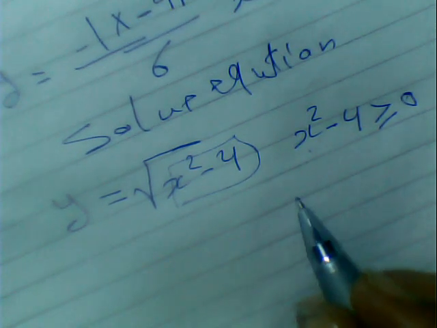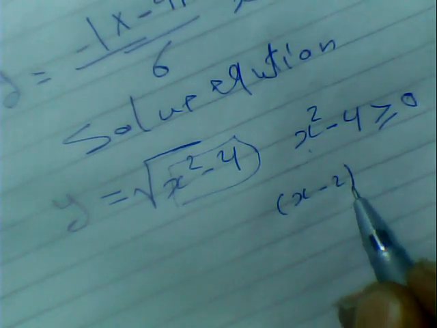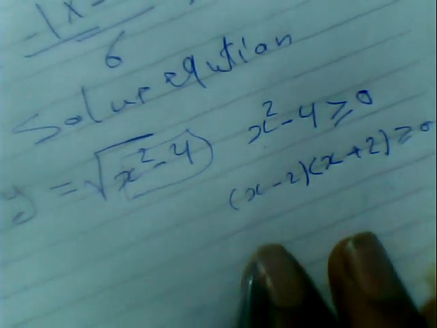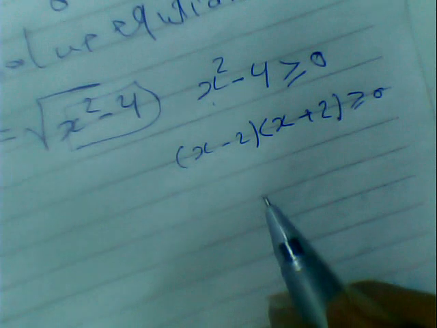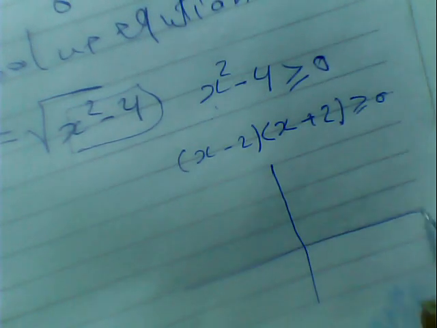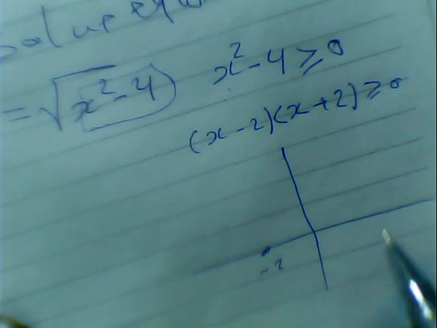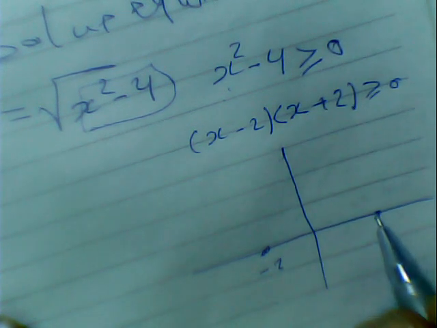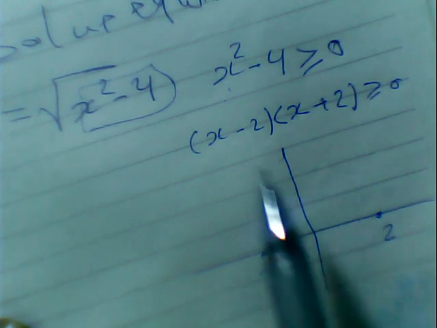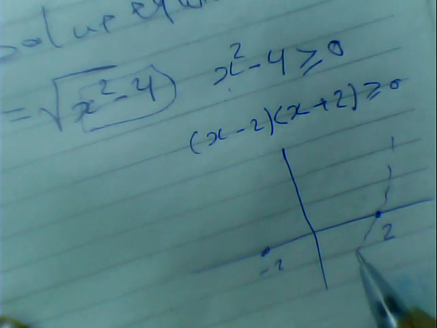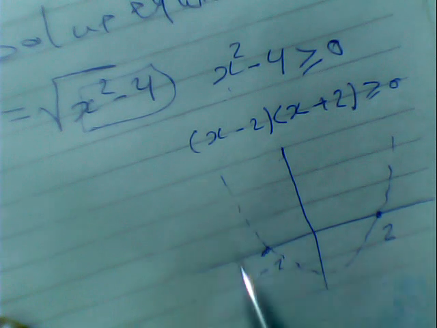We can solve this: x minus 2, x plus 2 bigger than 0. If we draw this, minus 2 on the left side, here 2, we can solve this and draw like this.